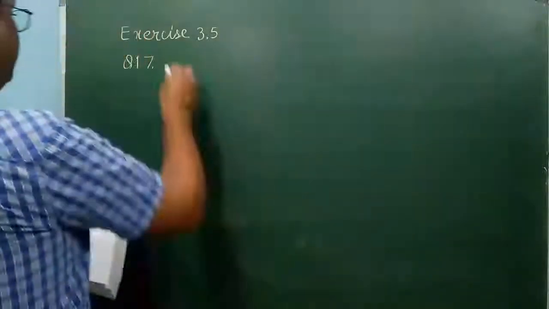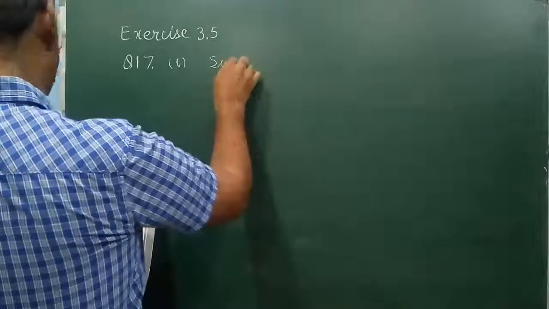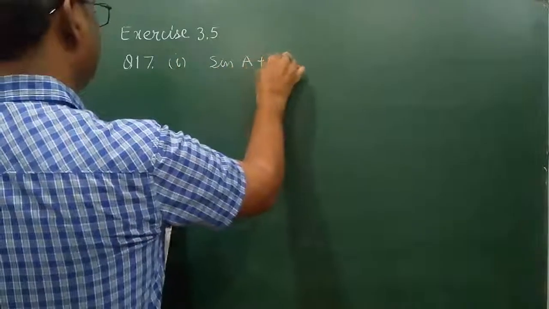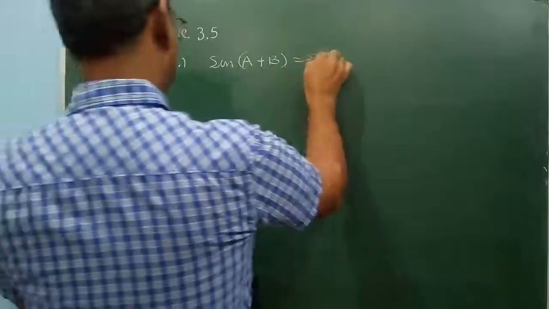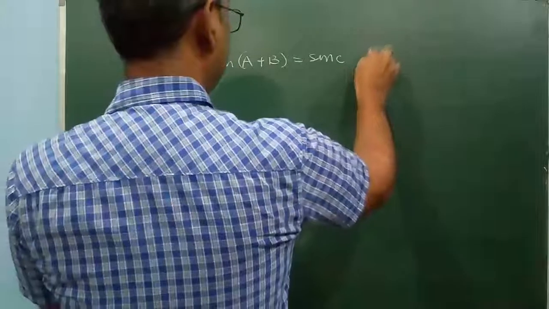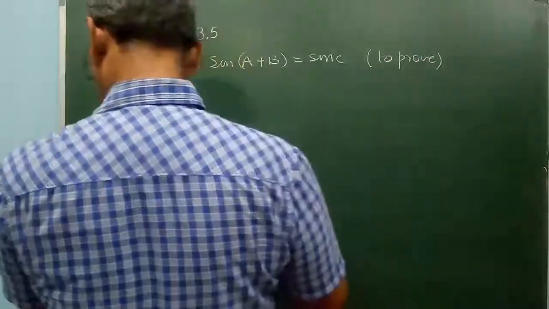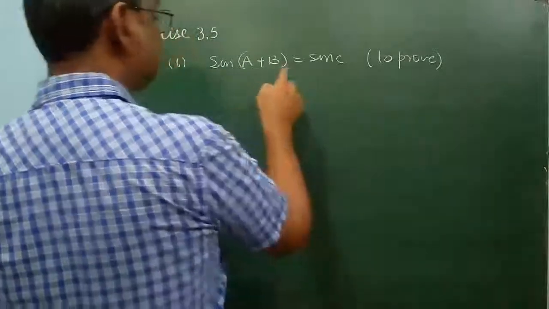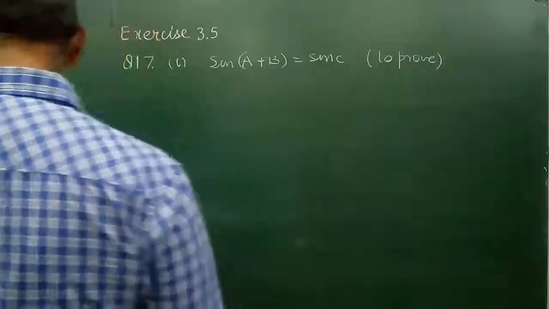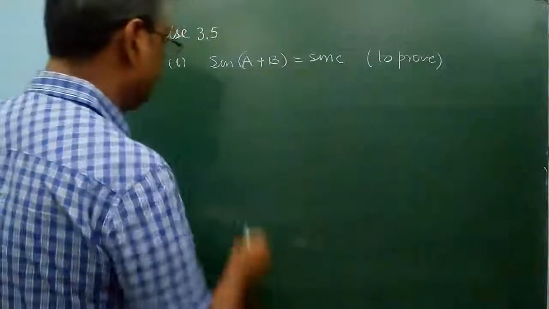This is given, first one, that sine A plus B equal to sine C. Prove, this we have to prove. And what is given to us? That ABC are the three angles of the triangle.